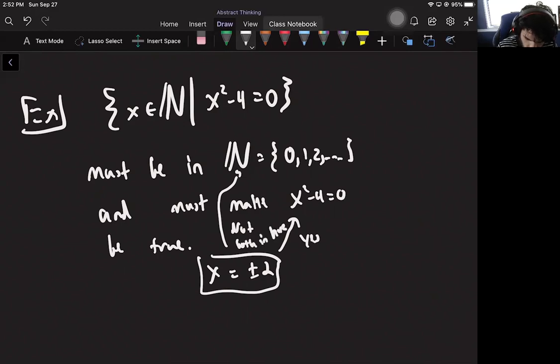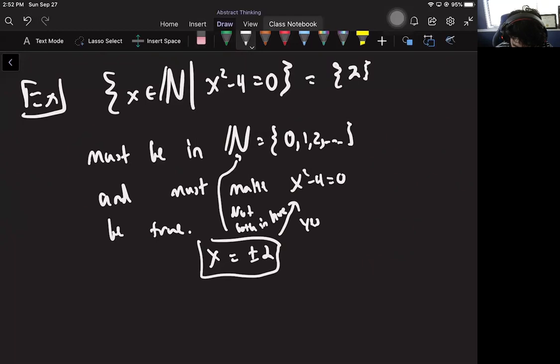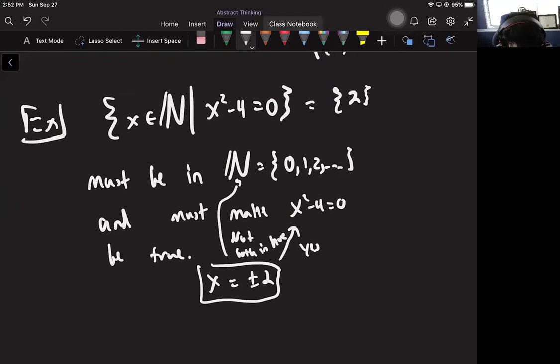So in fact, this set is just the set consisting of the element 2. Negative 2 is not in there because although it fulfills the property, it makes the predicate true, negative 2 is not a natural number, just 2 is.